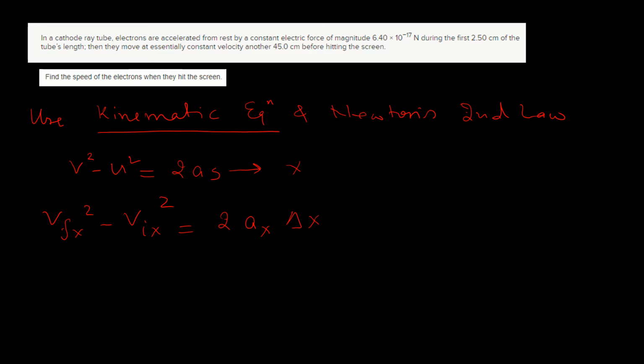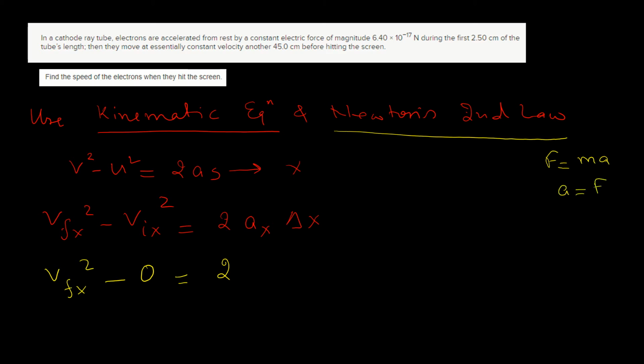Since the initial is 0, v_fx square is equal to 2 a_x delta x. Now we replace a_x using Newton's second law, F equals m times a, so a_x will be F_x divided by m.